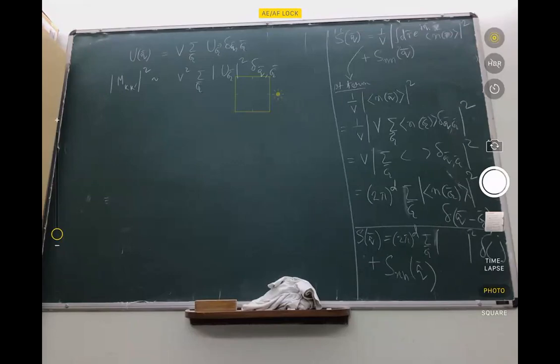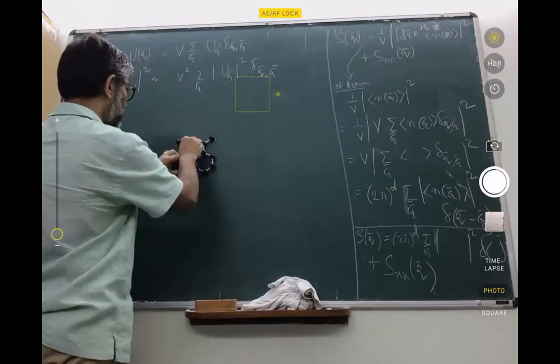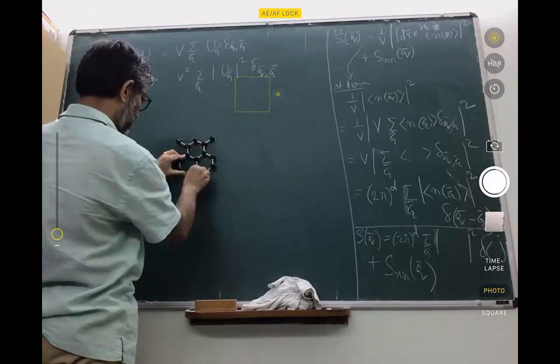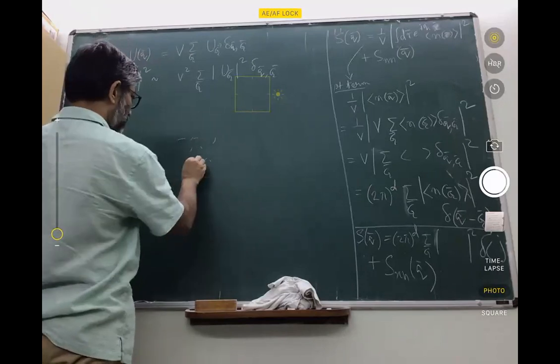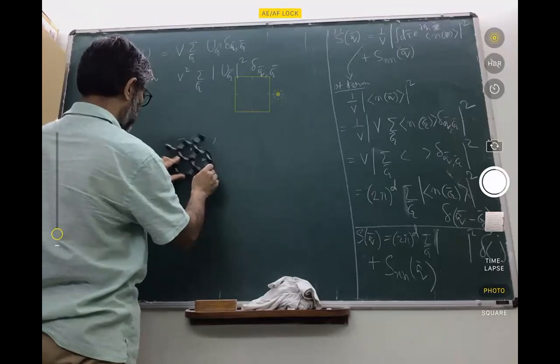Let me get back to that example once more, because that makes the idea very clear. I had shown you this model, so let me bring it up once more here.